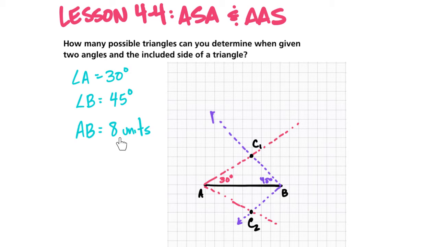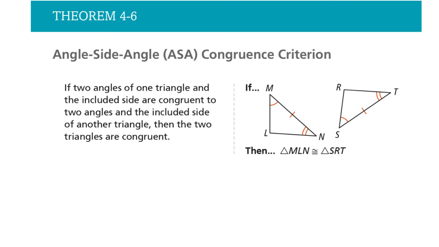That tells us that anytime we are looking at two triangles that have the same measurements for one side and for the angles at the end of that side, those two triangles would be congruent. We can see that illustrated here in the angle-side-angle congruence criterion, or the angle-side-angle postulate. It says that if these two triangles have a side that's congruent, and they have the angles at the end of that side congruent, then these two triangles will be congruent.